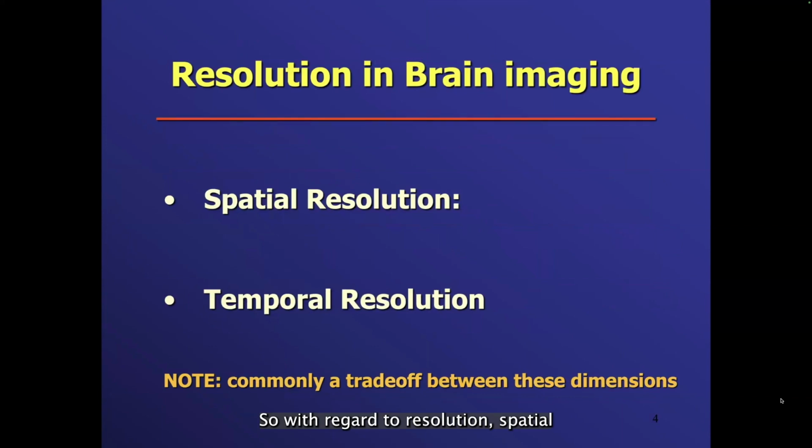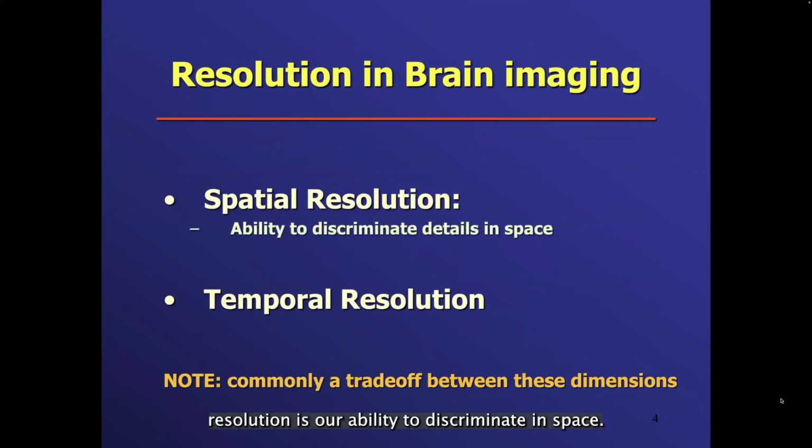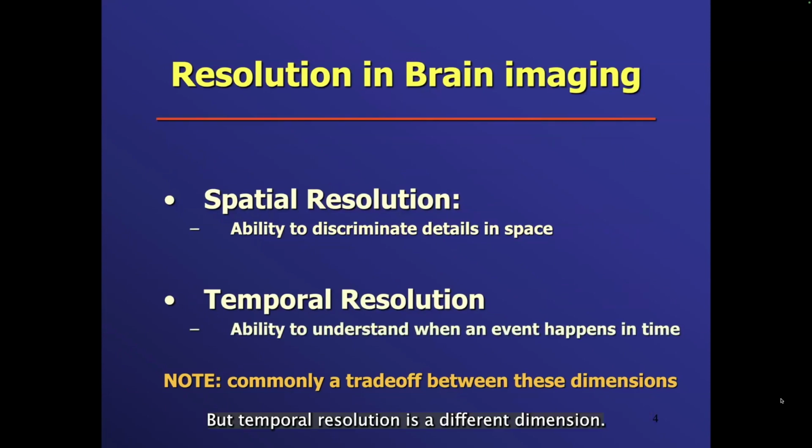So with regard to resolution, spatial resolution is our ability to discriminate in space. So any details we can see in space. How close to the neural event are we? The best spatial resolution would be the level of the neuron. But temporal resolution is a different dimension, and that is our ability to understand when an event happens in time.